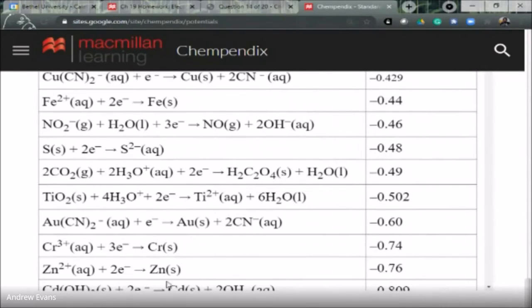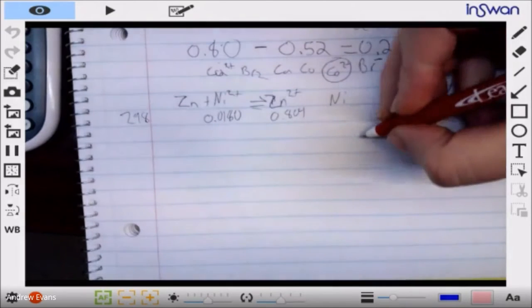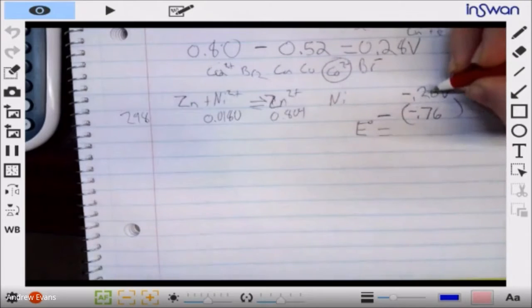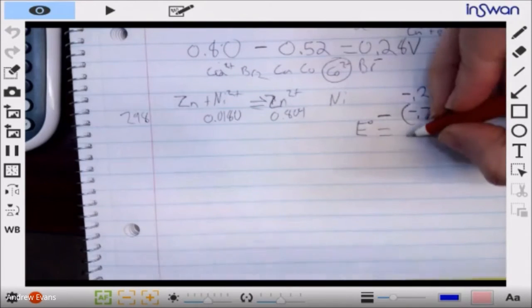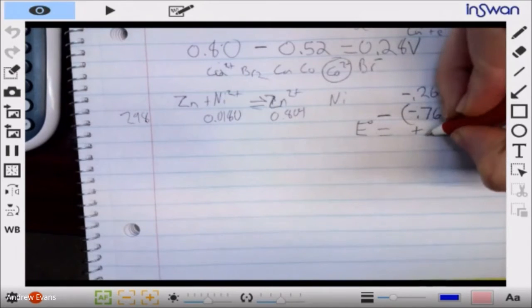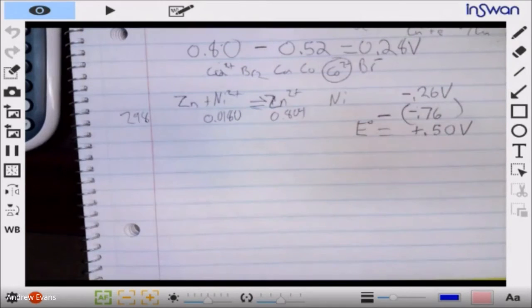Okay, now I'm going to go to the dot cam. The first thing I am finding is the E cell standard. So that's our nickel minus our zinc. Nickel minus our zinc gives us 0.50 volts.